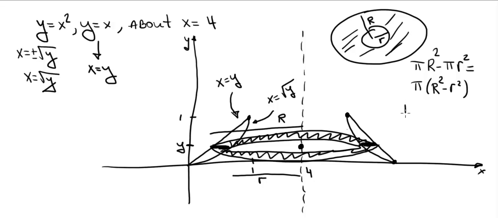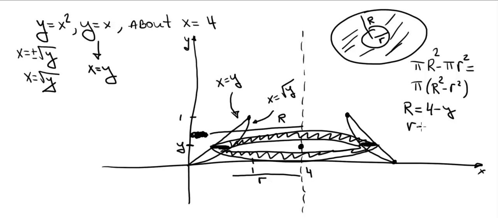Now notice that the distance between the y-axis and the line x equals 4 is 4 units. That's too big. We're going to subtract this part right over here. That part happens to be the x-coordinate on the line. When the y-coordinate is y, the x-coordinate is also y, so it's 4 minus y.